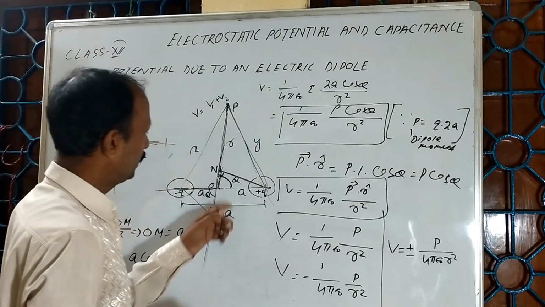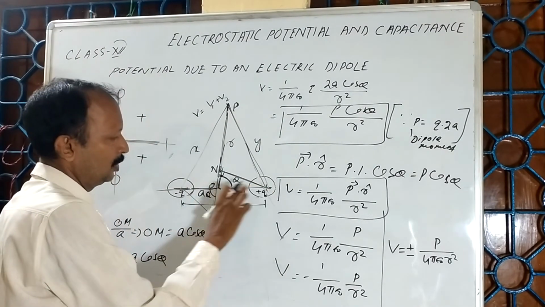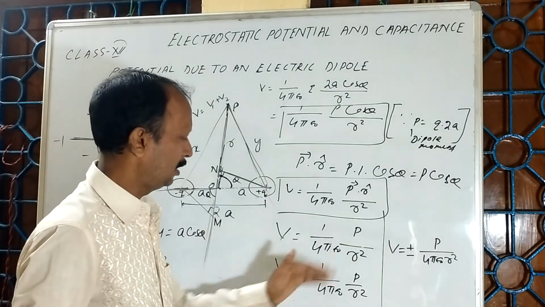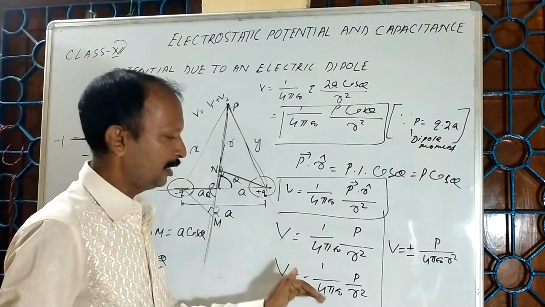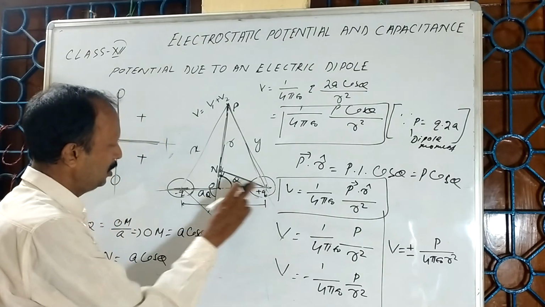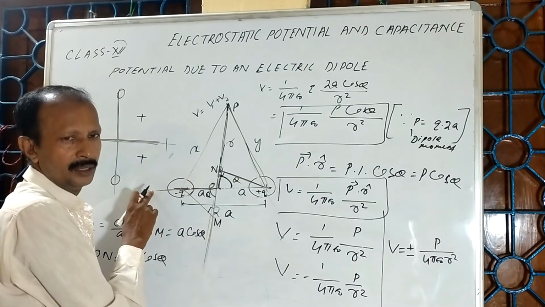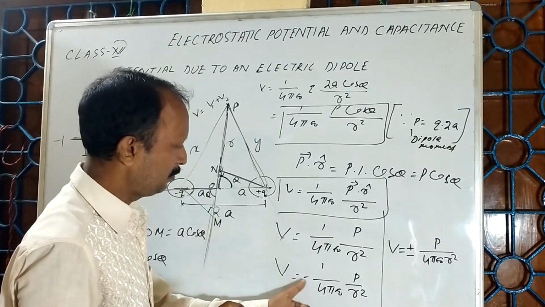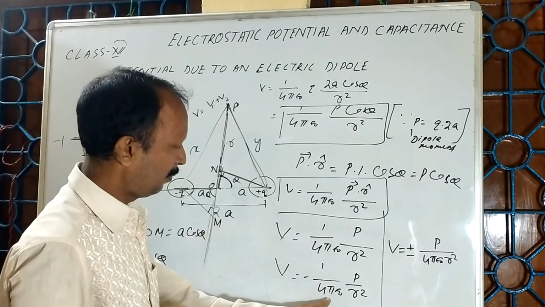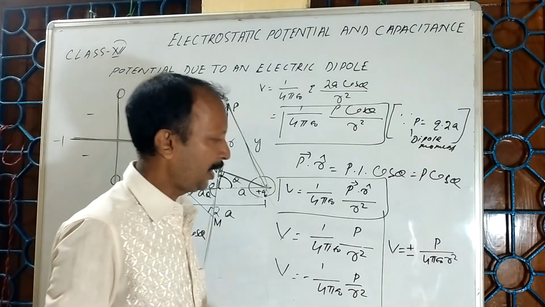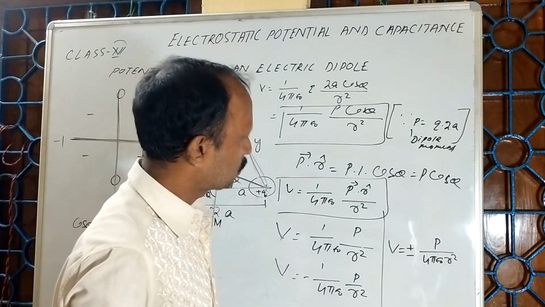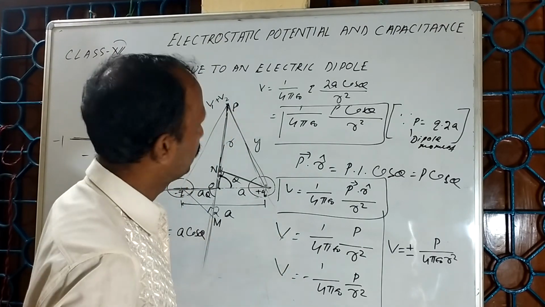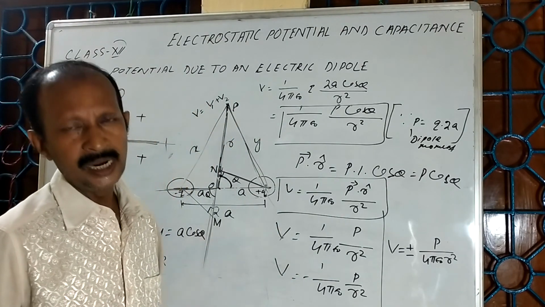If you consider this side where theta equal to 0 degree, then I can say that potential is maximum. If theta is 180 degree, this side is the maximum negative value, that means minimum value, which can be written as minus 1 upon 4 pi epsilon naught P by r square. So this is the fact about the potential due to a dipole.